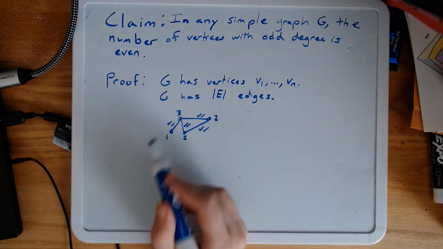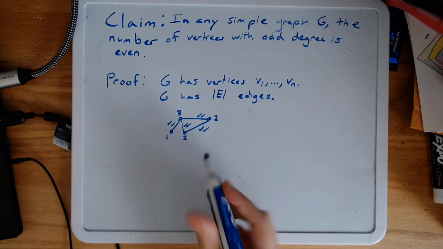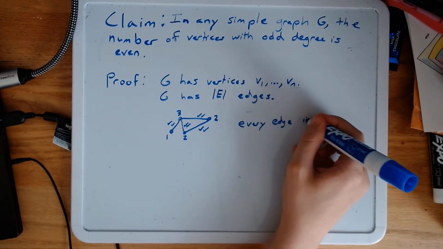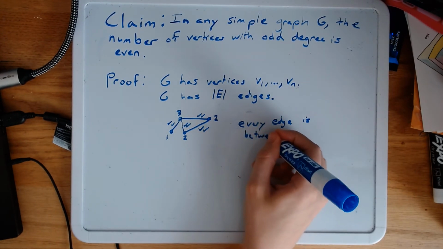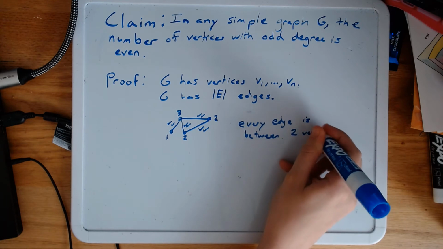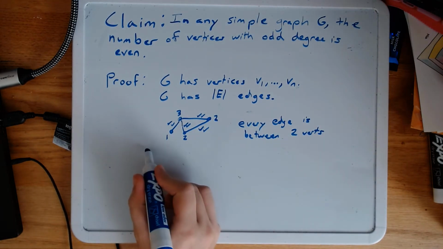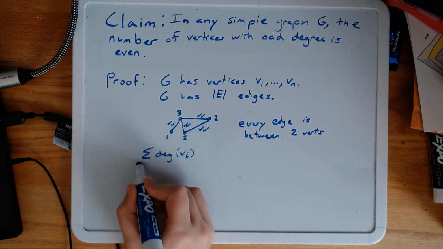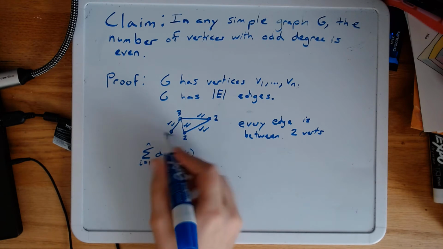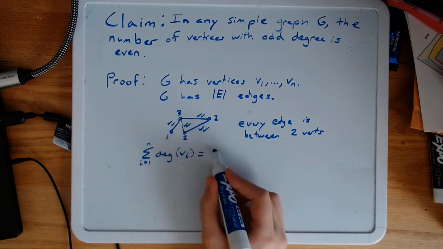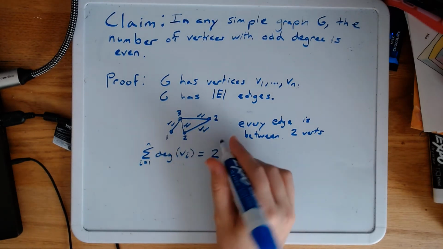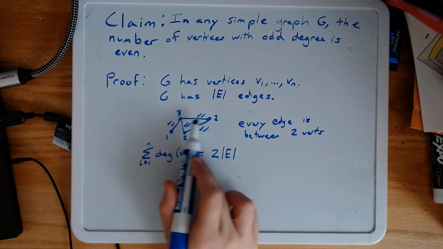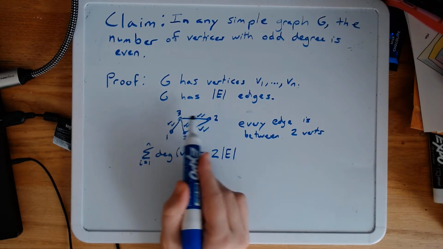Right? If every edge is between exactly 2 vertices, then if we add up the degree of all of those vertices, all n vertices in the graph, we're going to get 2 times the number of edges, because we've counted each edge twice, once for each vertex at its end.